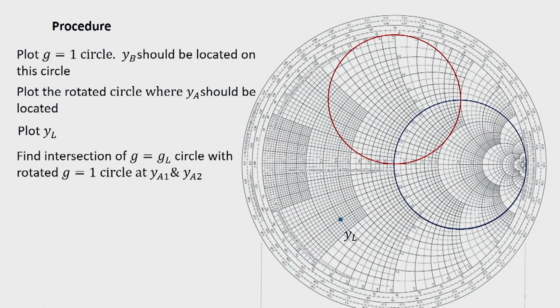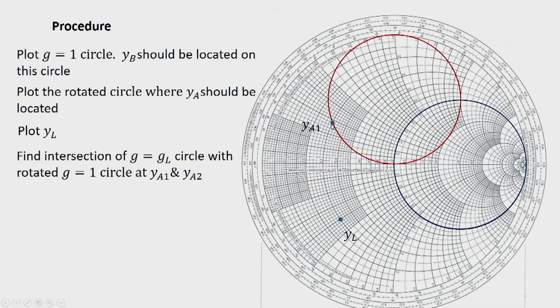Now, as we have said that the G is same as GL on this particular circle, when we find Ya, the real part of Ya should be equal to GL. So, what we do? We move across this constant G circle which is equal to GL and find the intersection point, first intersection point here, and this is Ya1.